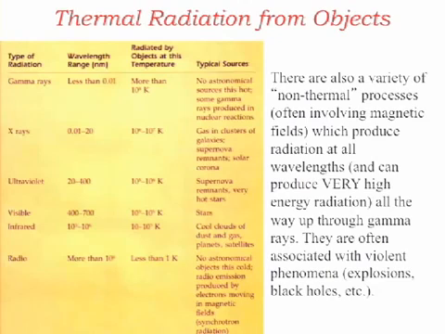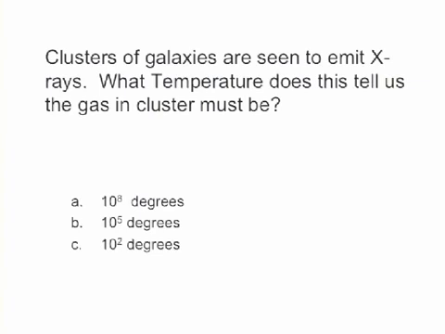Okay, here's a question. Clusters of galaxies are seen to emit X-rays. What temperature does this tell us the gas in the cluster must be? 10^8, 10^5, or 10^2 degrees? Who says 10^8?